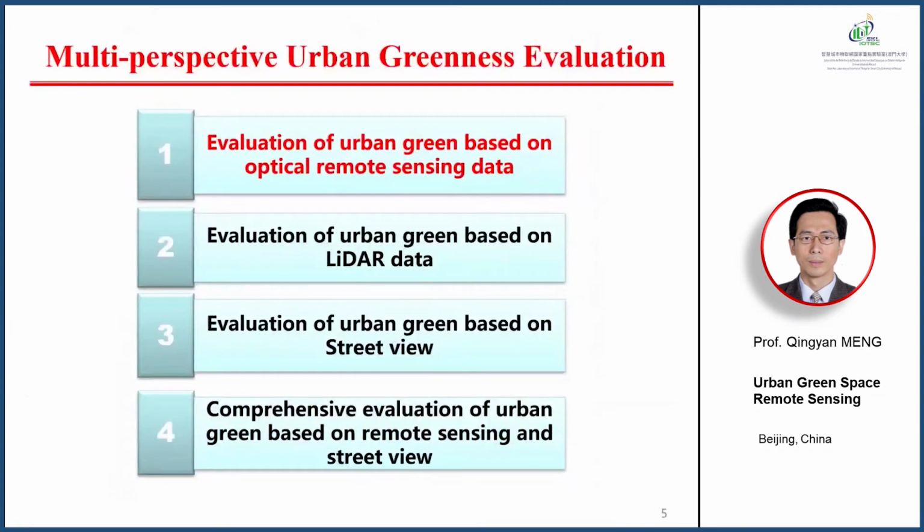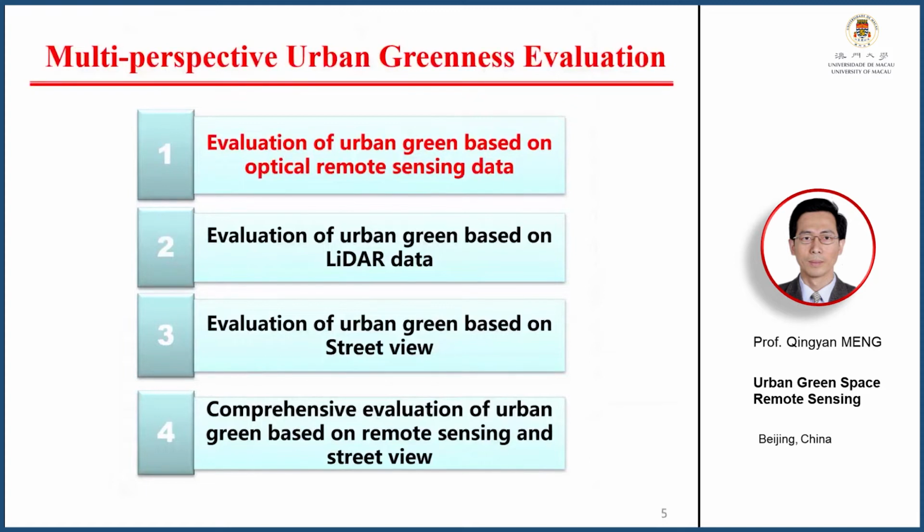First, we say if we have different vegetables and ingredients, we make different dishes. If we have only the satellite optical remote sensing data, how can we evaluate? If we have the LiDAR, how can we conduct the evaluation?